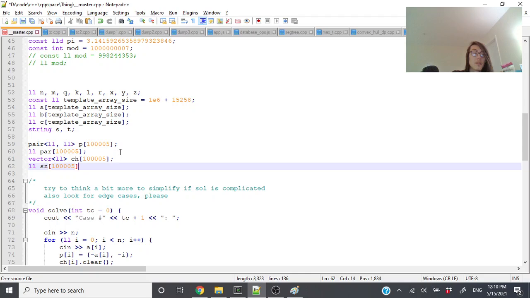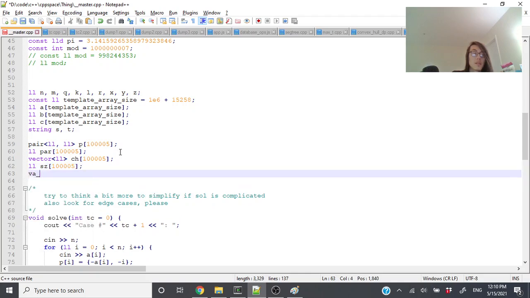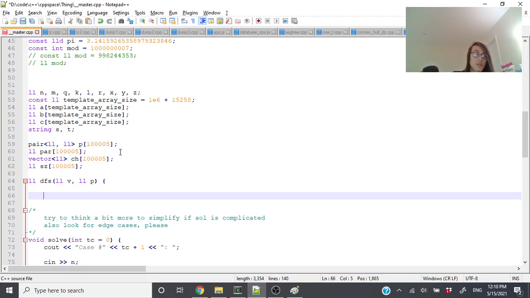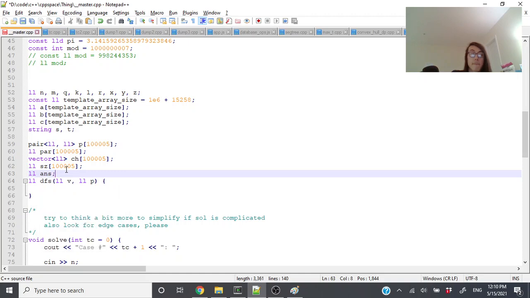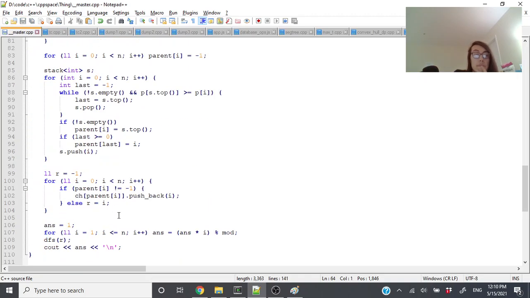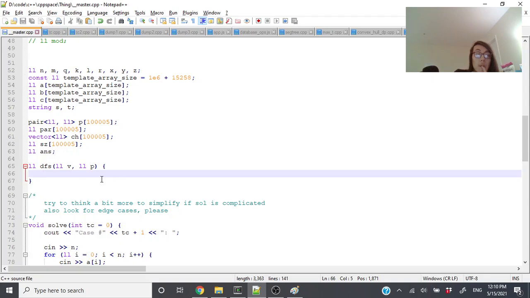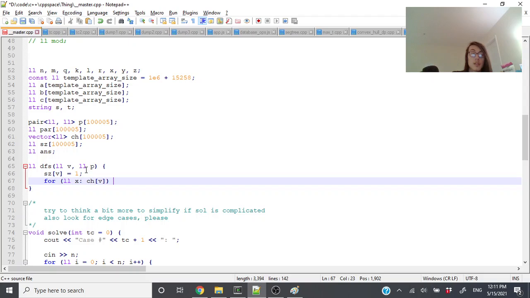Cool. Size. Yeah, so size v equals 1. V size v plus equals dfs x.